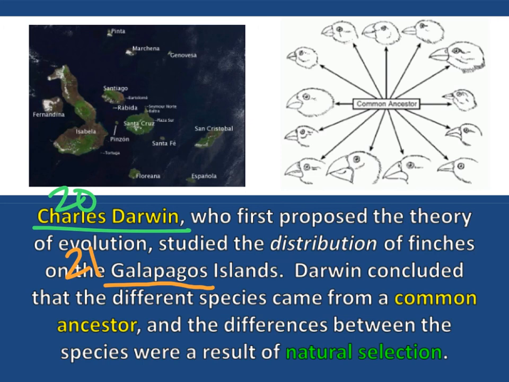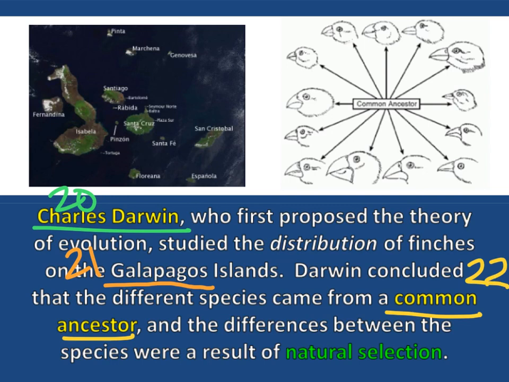So on number 22, Darwin concluded that all of the species of finches had evolved from what? And that is a common ancestor. Number 22, common ancestor.